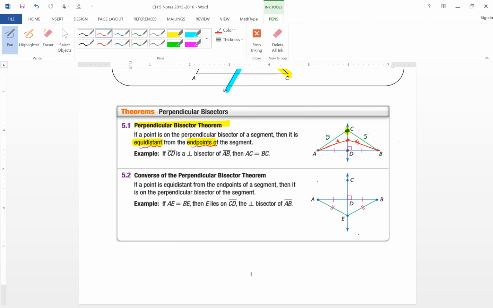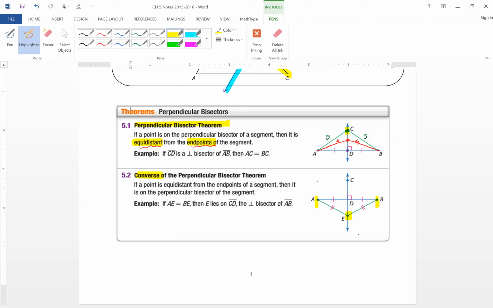And here is the converse of it. So the converse says, here you are at this point, and you notice it's the same distance to B as it is to A from where you are. So you tell yourself, I must be on the perpendicular bisector of AB.